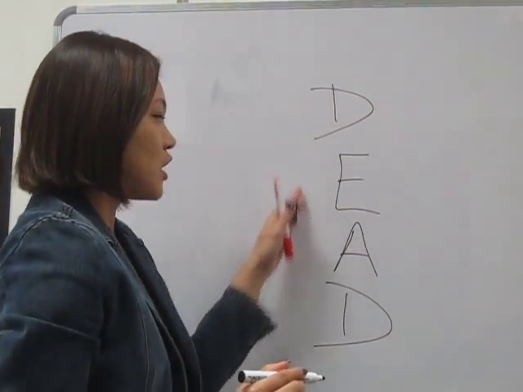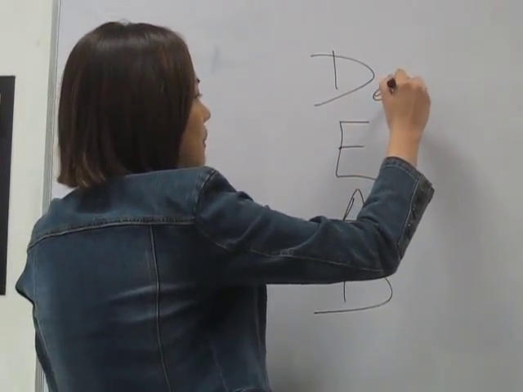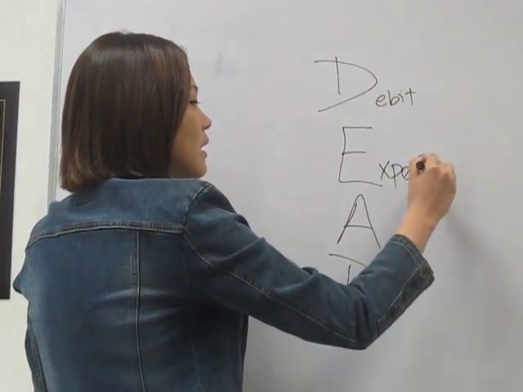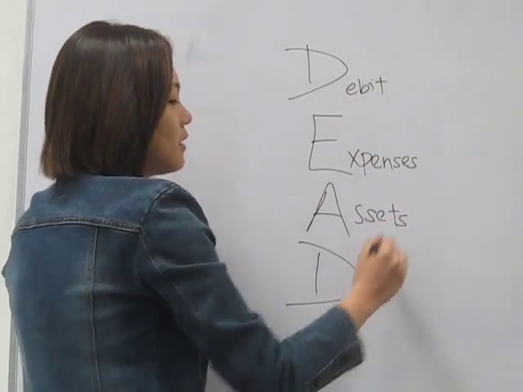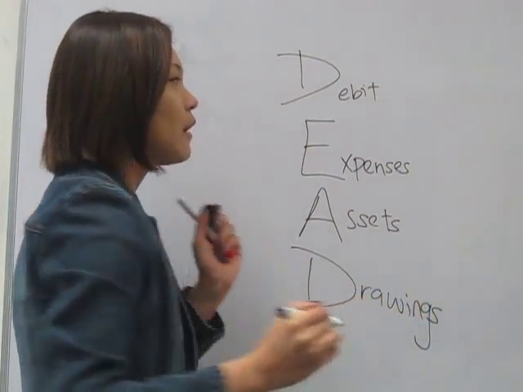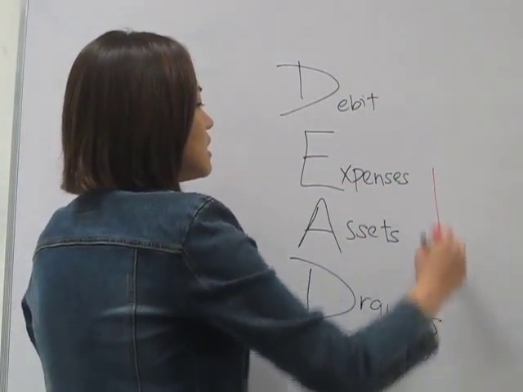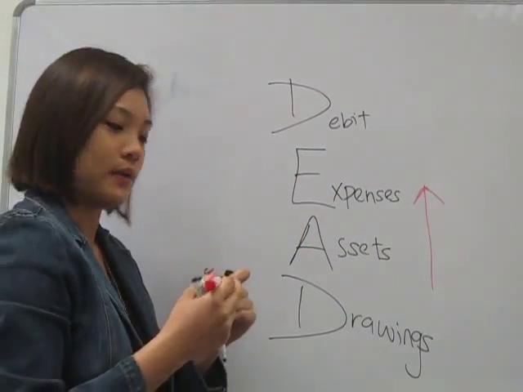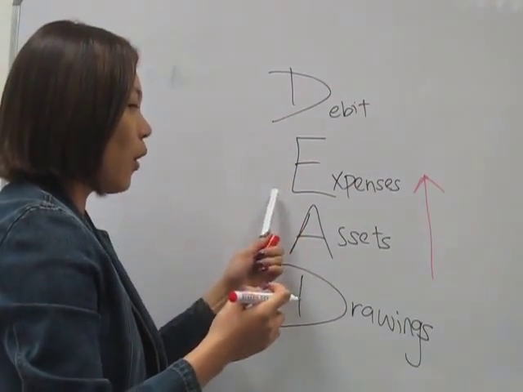Just remember DEAD. The first D stands for debit, the E stands for expenses, A stands for assets, and D stands for drawings. When any of these three increases, we will debit the account. What is the opposite of all these?